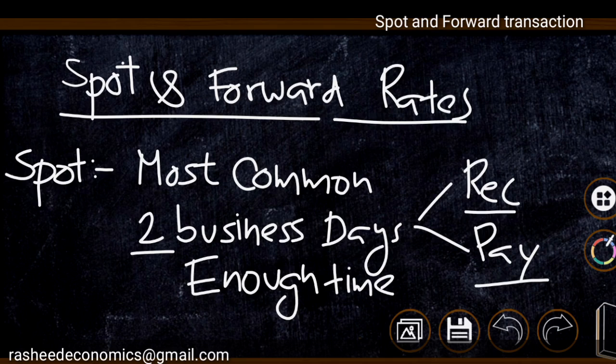Under this transaction, there are 2 days, and therefore each participant of the transaction gets enough time to manage their bank accounts and direct their bank to do the transaction.